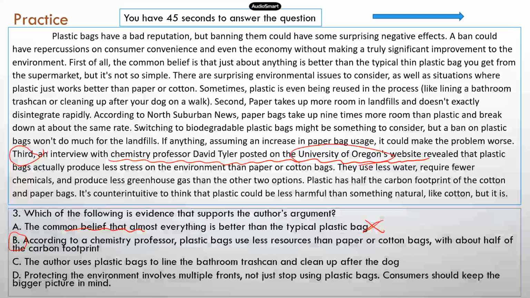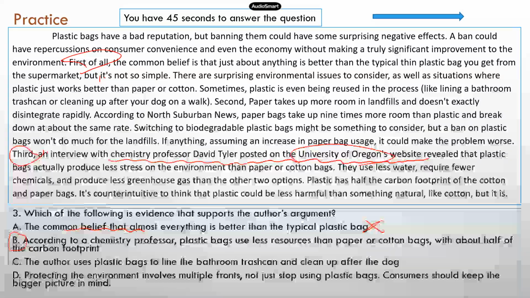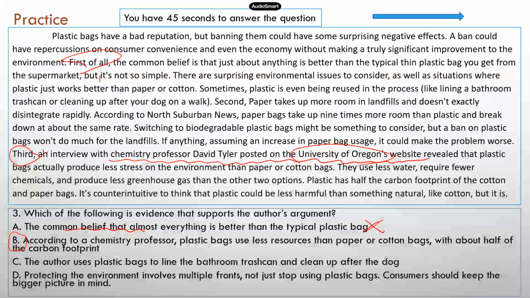C, the author uses plastic bags to line the bathroom trash can and clean up after the dog. So that's the first reason. It talks about the fact that some people reuse their plastic bags, which is a good thing. But the tricky part is that as evidence, you can't talk about what you think or what you do, right?